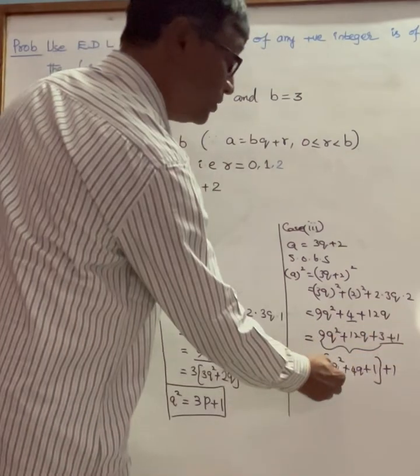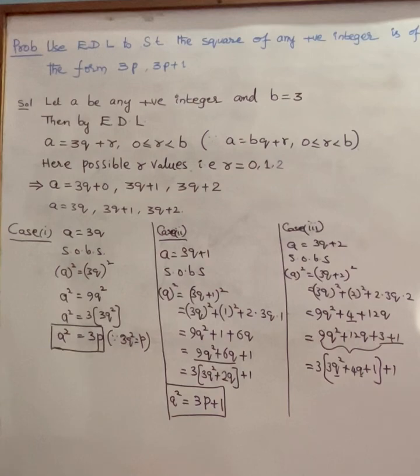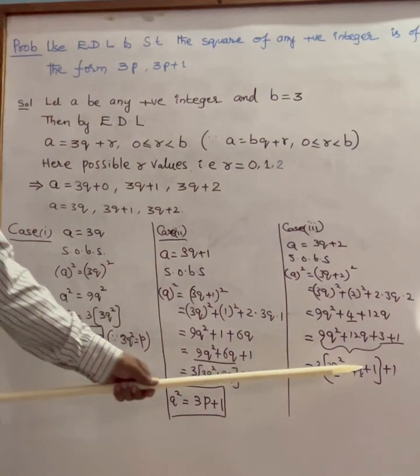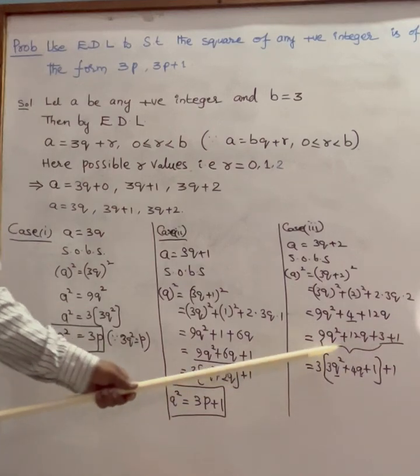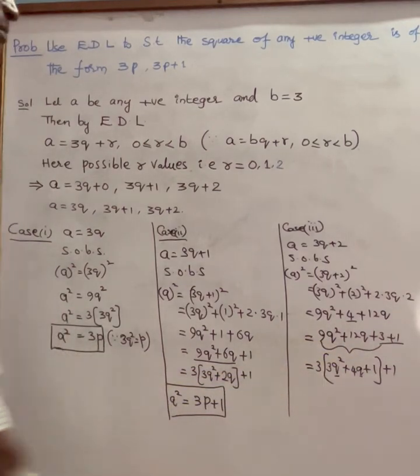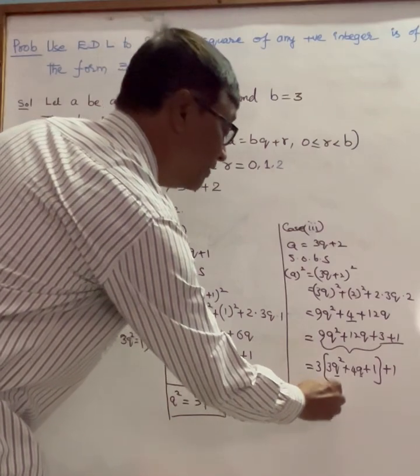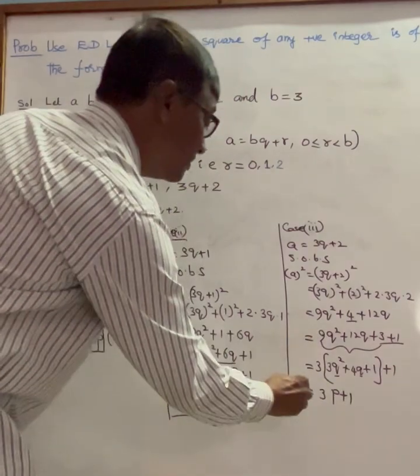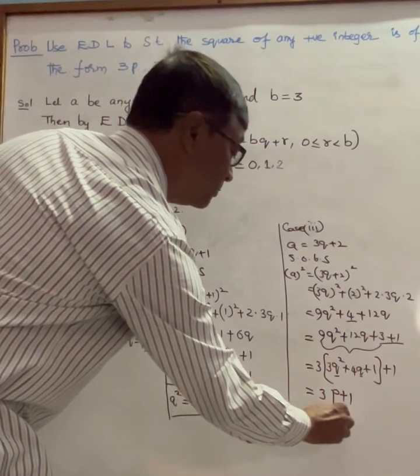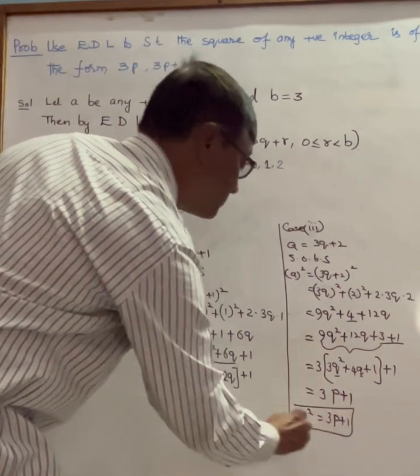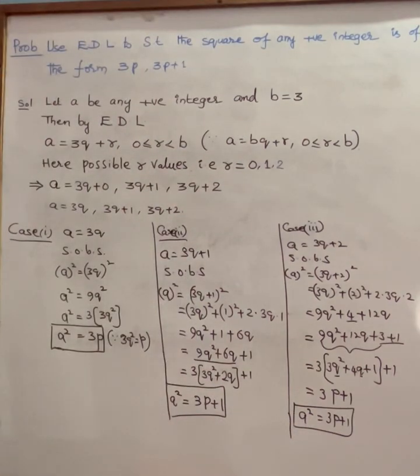Now here q is an integer. If we write any integer instead of q, we will get another integer here. Suppose this integer is p, we get 3p plus 1. Therefore finally we got a square is equal to 3p plus 1. Here a is the positive integer.